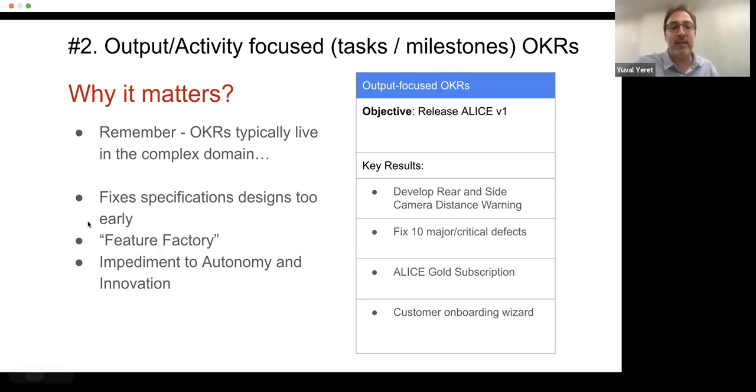We might be fixing our specifications, our designs too early in the process. We might end up with a feature factory if we're in product development. We might not leave enough space for autonomy and innovation. We might find items on our OKRs that are very prescriptive of what's the solution, what's the task even, the activity that we're focused on, rather than what's the outcome that we're looking for.